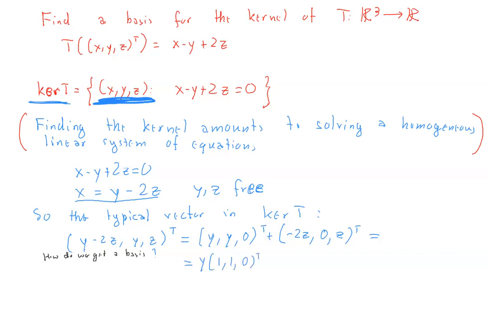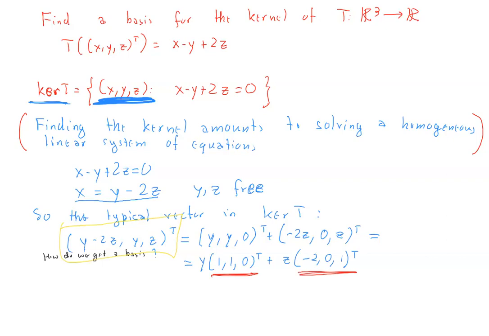You will always be able to do this because they're linear. And you see what happens now. It turns out that your typical vector in the kernel is a linear combination of these 2 vectors, this vector and that vector.